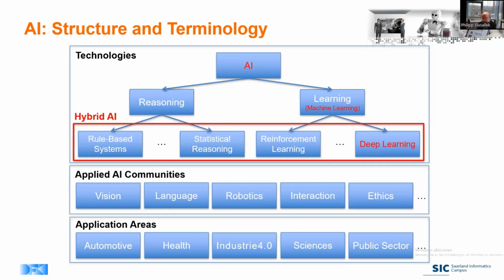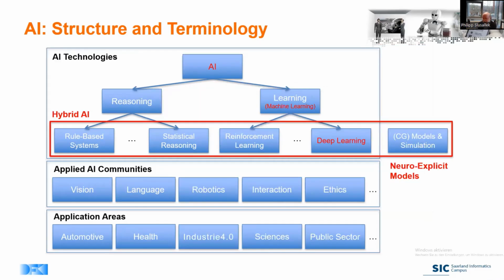And what happens now is that we're looking into hybrid AI techniques, right, where we combine different AI techniques with each other, in particular more explicit models with, for instance, deep learning. And one development is that we're not just combining AI models within this hierarchy here, but we're now starting to combine them also with techniques from other areas like computer graphics, right, where we have computer graphics models and simulations.